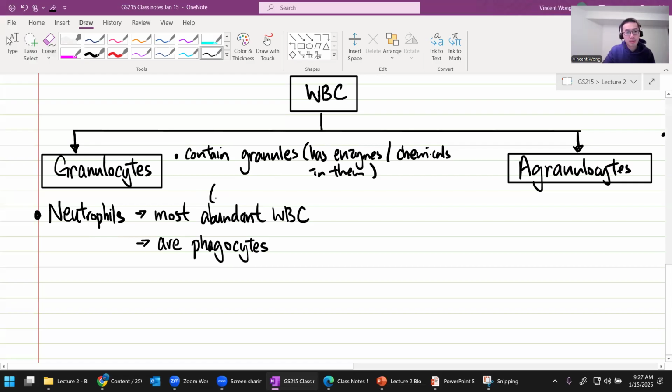Okay, it's approximately 70% of your white cells. Not 70% of your blood, 70% of your white cells. Remember, only 1% of your blood is white cells. Of that 1%, 70% of it is neutrophils.